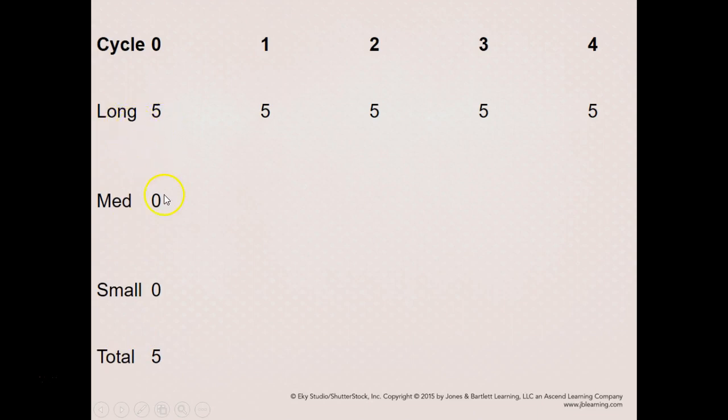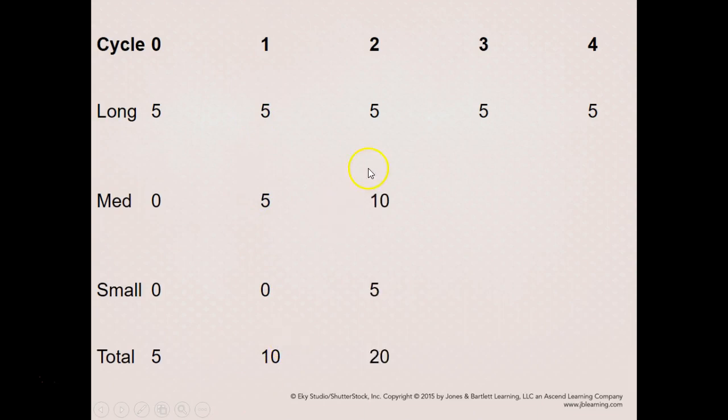Each long strand always produces a medium strand. Each medium strand always produces a small strand, and each small strand produces a small strand. So at the end of the first cycle, we will have 5 medium strands. These 5 strands will never leave, so they just move over. At the end, you add these up, that gives you 10.